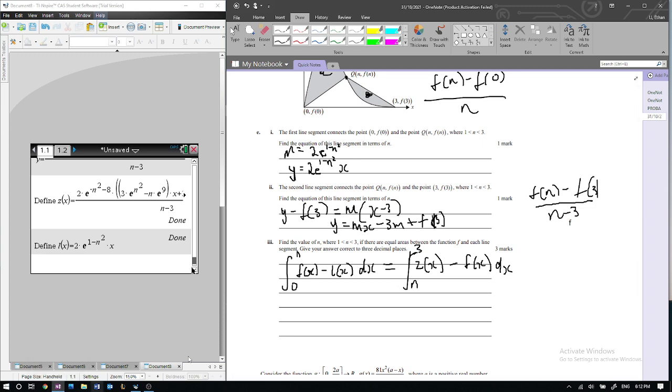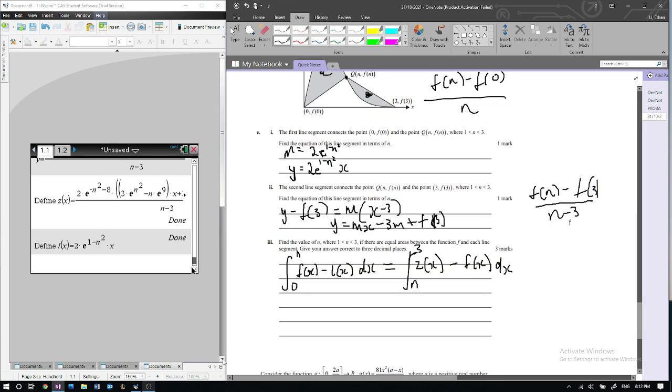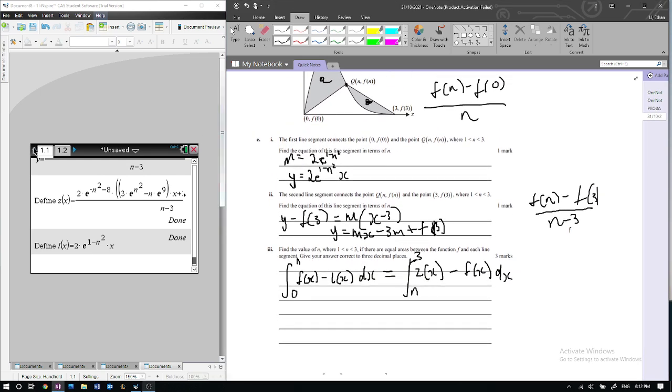I think this question is pretty straightforward. The catch is you can't get caught up doing this without having defined things. It'll take you ages on the calculator if you don't define things.